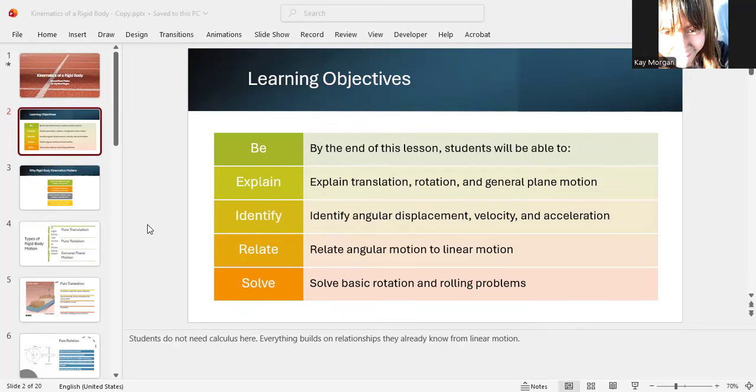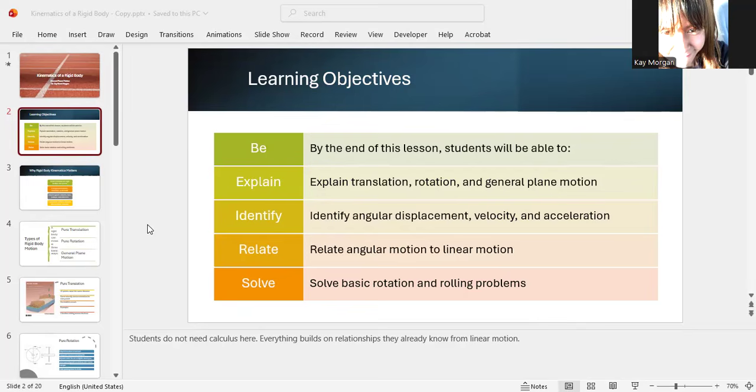Second, you should be able to identify angular motion quantities: angular displacement, angular velocity, and angular acceleration. You need to know these three things.